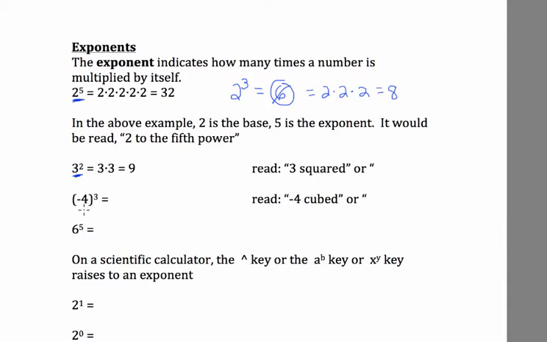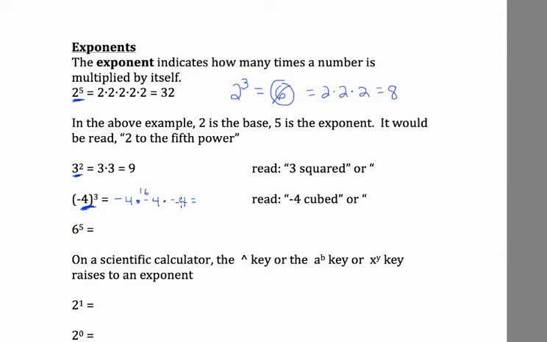If you have -4 to the 3rd power, that means -4 times itself 3 times. Sometimes when you have things raised to the 3rd power, it's called cubed, -4 cubed. So 4 times 4 would be 16, and a negative times a negative would be a positive, so that would be positive 16.